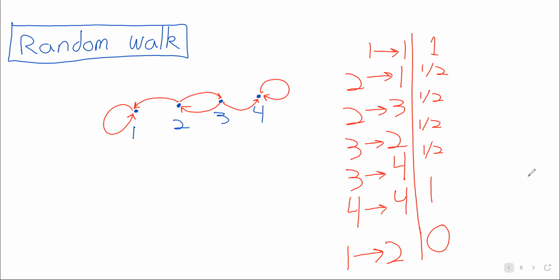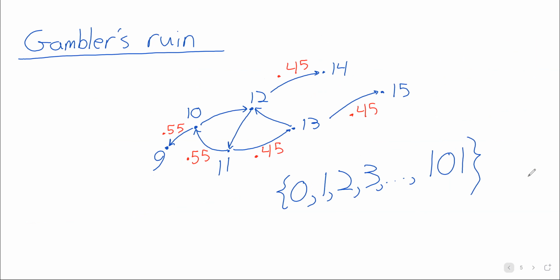I could very easily, or in one sense very easily, create a transition matrix for this Markov chain as well. It would be a significantly bigger transition matrix because there are 102 states. So it would have 102 rows and 102 columns.